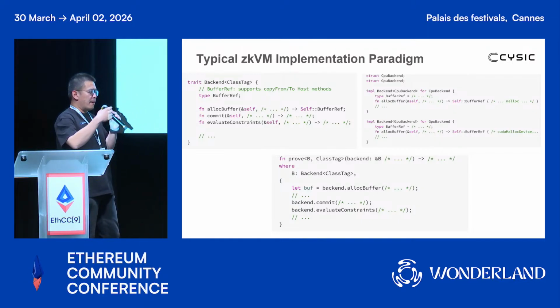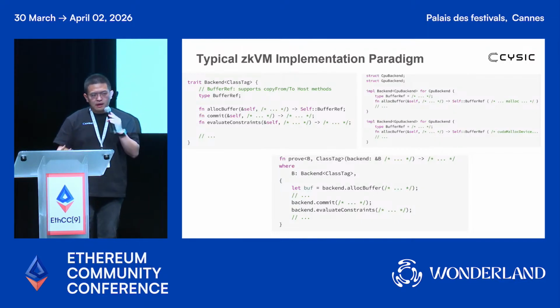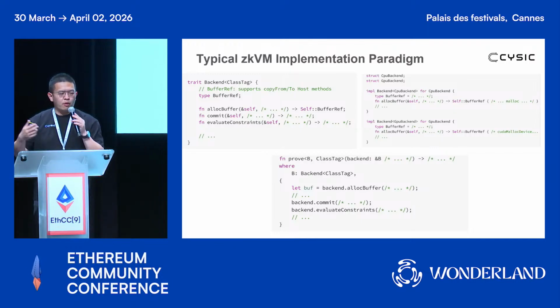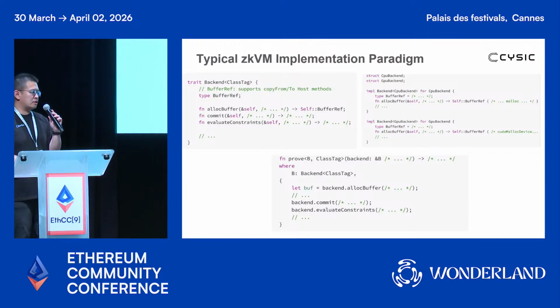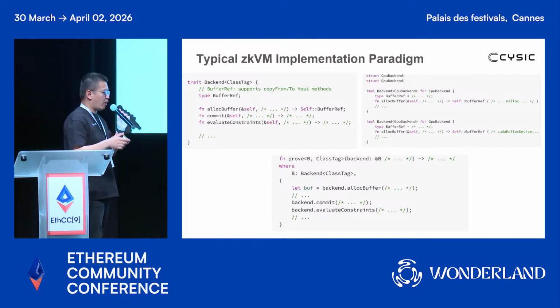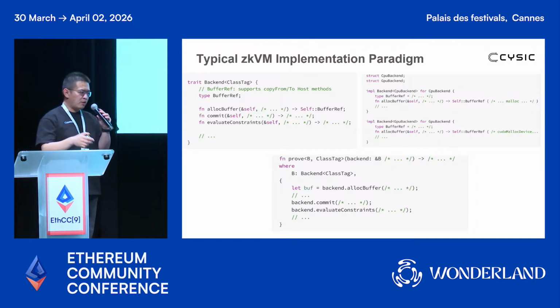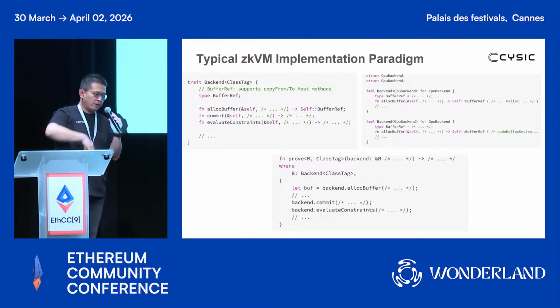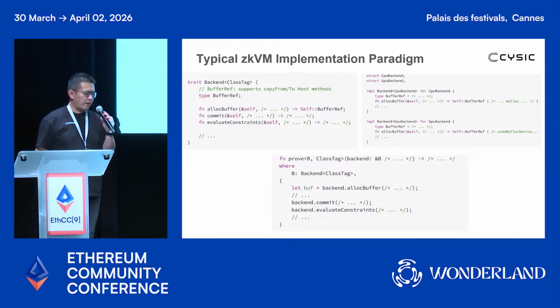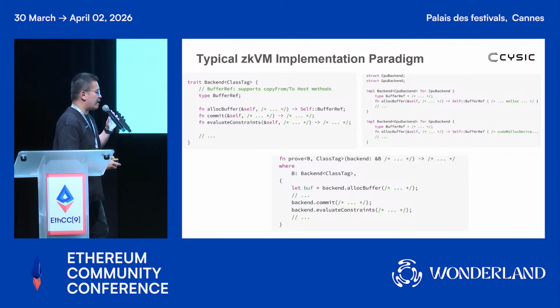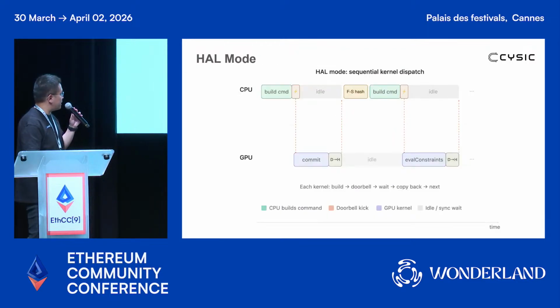Then you build some kernels, such as a commitment kernel or the NTT kernels, based on these internal cores. Then the third step is a proof function which glues all these kernels together. That's a typical ZKVM implementation paradigm.